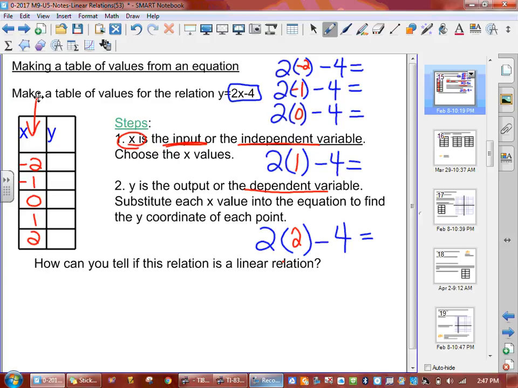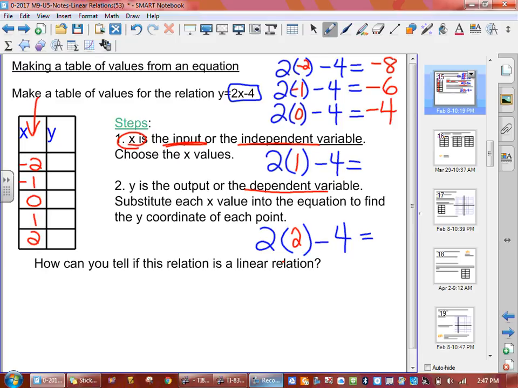BEDMAS, multiplying is going to go first. 2 times -1, -2, subtract 4 more, -6. 2 times 0, 0. 0 times anything is 0. Subtract 4 is -4. What do you think the next one's going to be? -2. And what do you think the last one's going to be? 0.